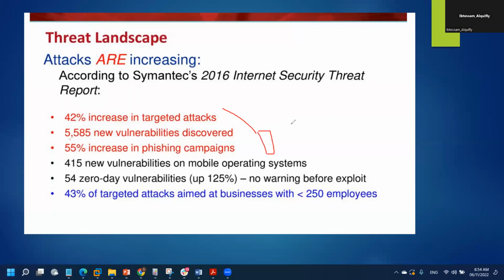They also know that a lot of companies, for many reasons, allow their employees to bring their own device. So the attackers are now shifting from attacking servers and computers to going after the mobile systems.